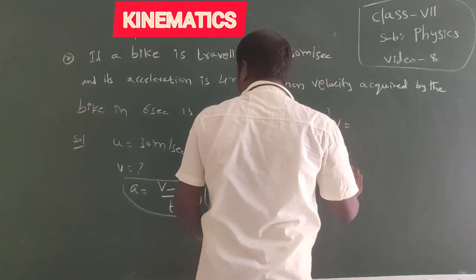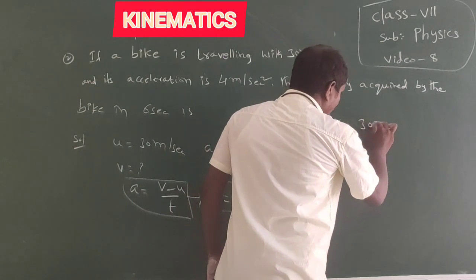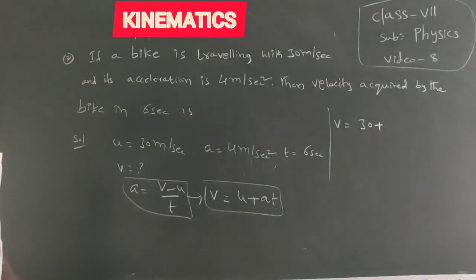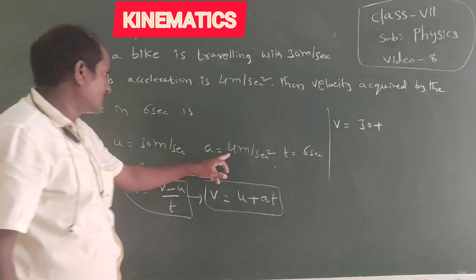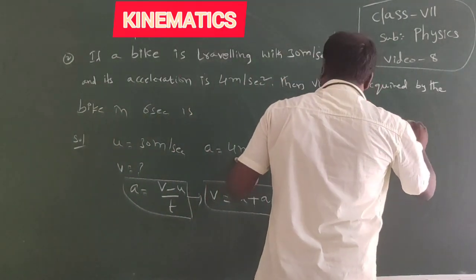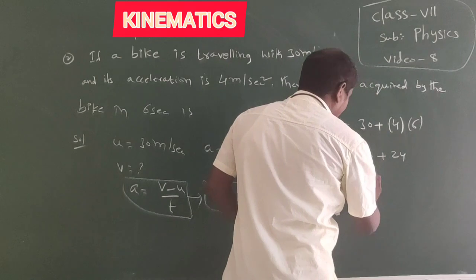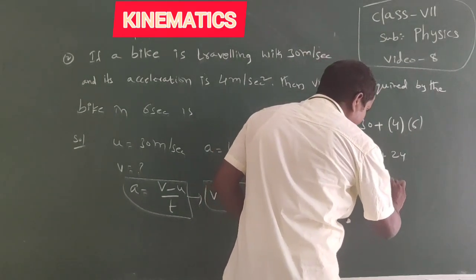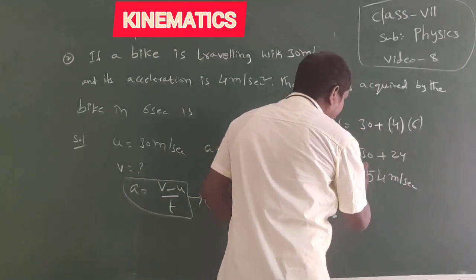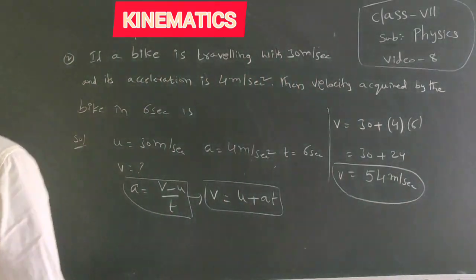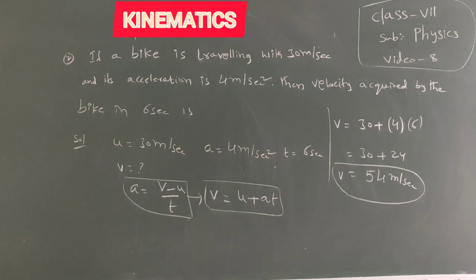So v equal to 30 plus 4 into 6, that is 30 plus 24, that is 54 meter per second. It is the final velocity.